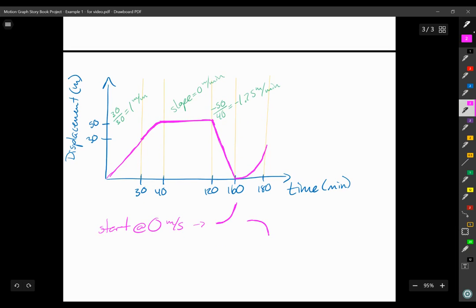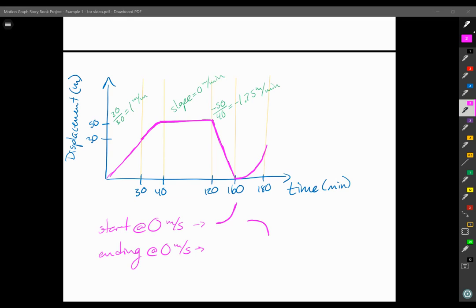If instead you are ending at 0, so basically starting at 0 is speeding up, ending at 0 is slowing down. So you're going to start with whatever slope you had before.